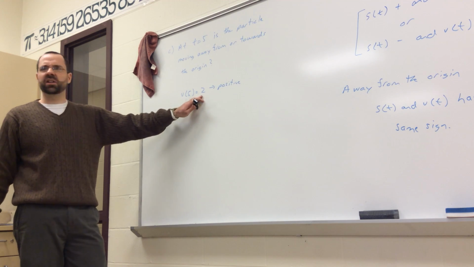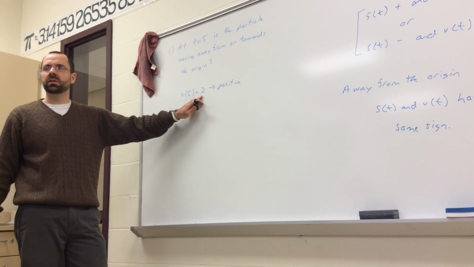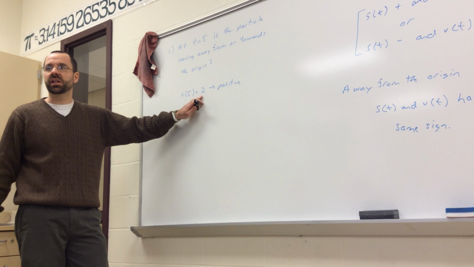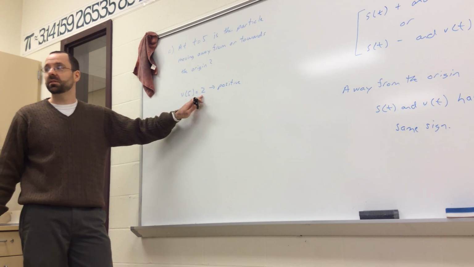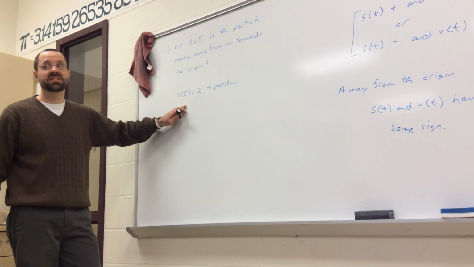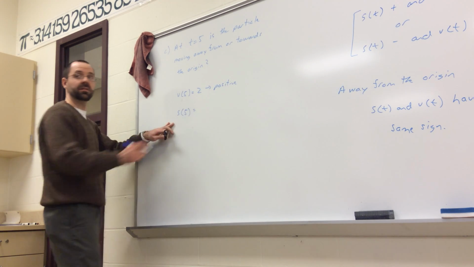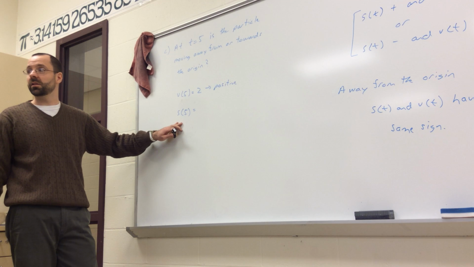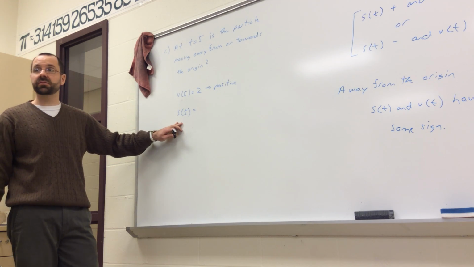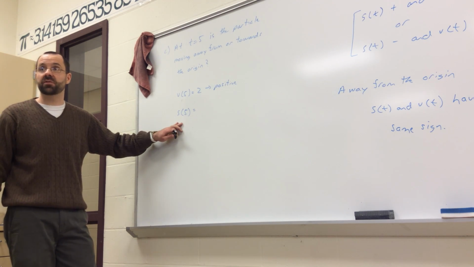Did everybody understand why it was 2? Are you positive that you understand? So now we need to figure out S of 5, right? How do you find S of 5? Area from 0 to 5, right?